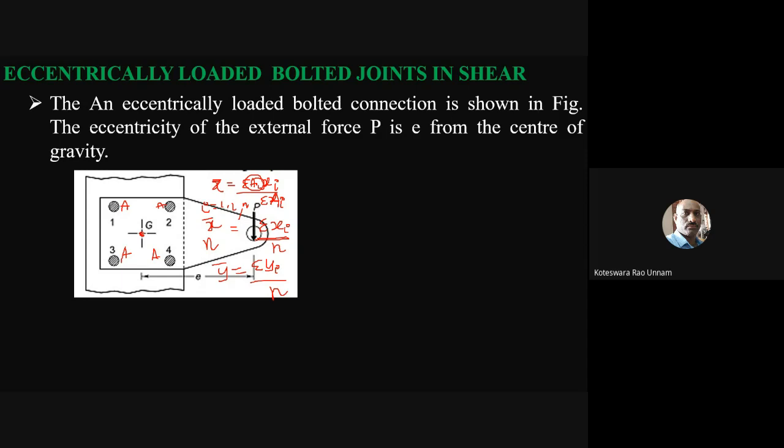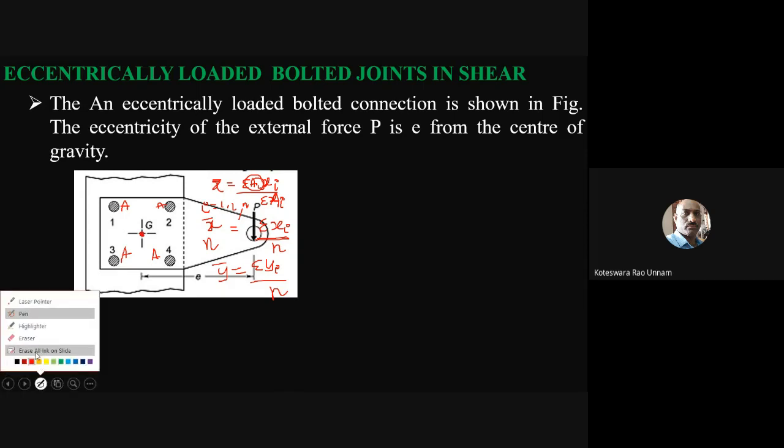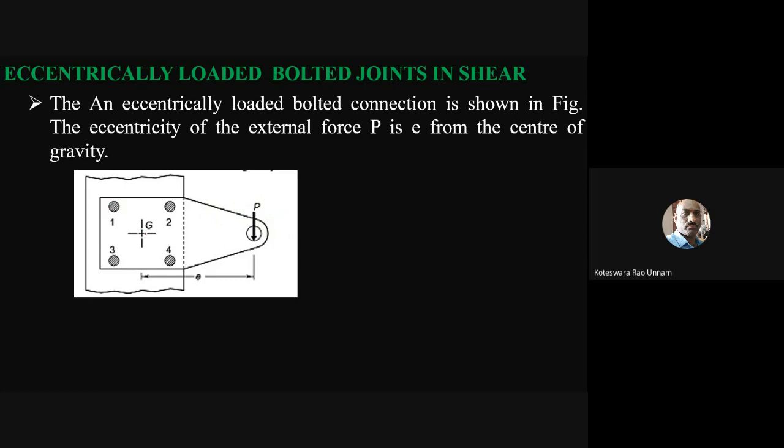So the same thing will follow here also. First you need to identify the center of gravity of the given bolted connection. Sometimes, instead of using these formulas directly, you can identify the center of gravity based on symmetry. Symmetry in the sense, if I draw a vertical line, let us say here, these two bolts are at the same distance from this line.